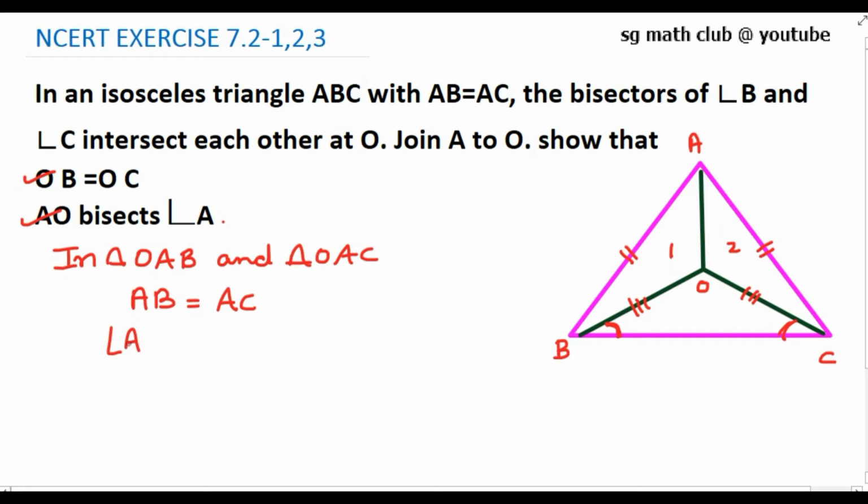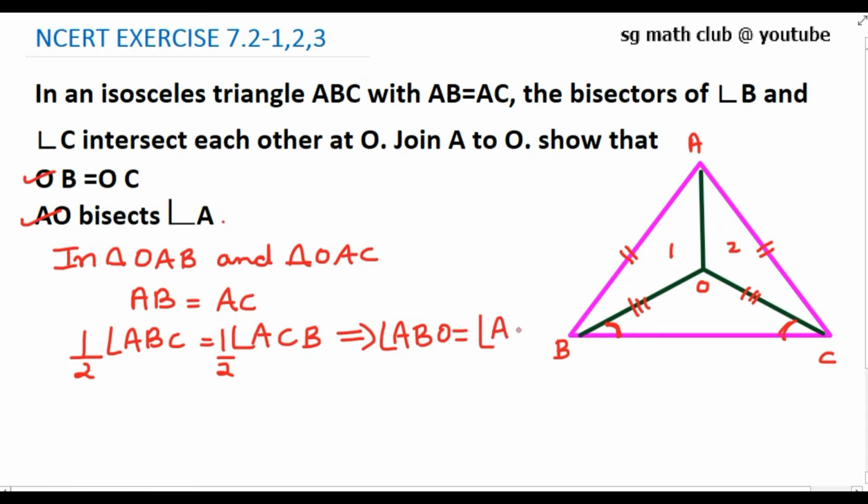I can write angle ABC is equal to angle ACB. So half of angle ABC will be equal to half of angle ACB. Half of angle ABC, this time I can write as ABO, because I want this part of the triangle: ABO is equal to ACO.